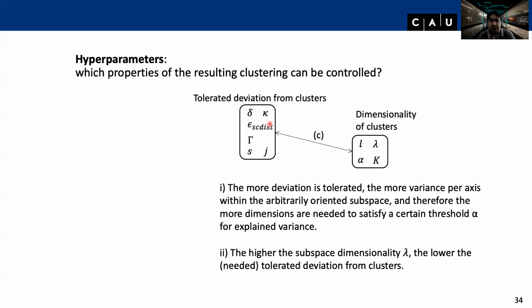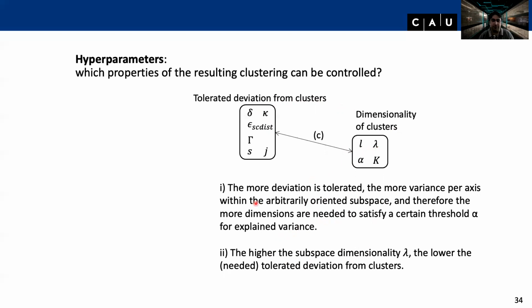Then we have another relation, which is this time mutual, between tolerated deviation from a cluster and dimensionality of clusters. The more deviation is tolerated, the more variance per axis within the arbitrary oriented subspace, and therefore more dimensions are needed to satisfy a certain threshold alpha. On the other hand, the higher the subspace dimensionality, so the higher I choose lambda, the lower the needed tolerated deviation from a cluster.